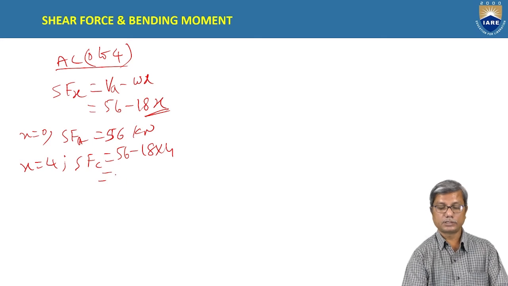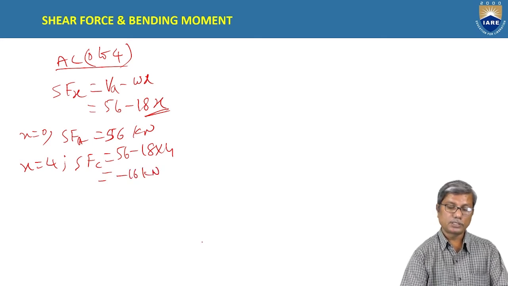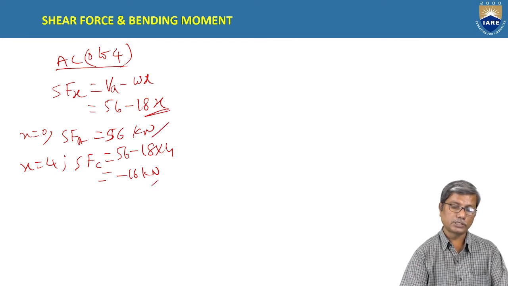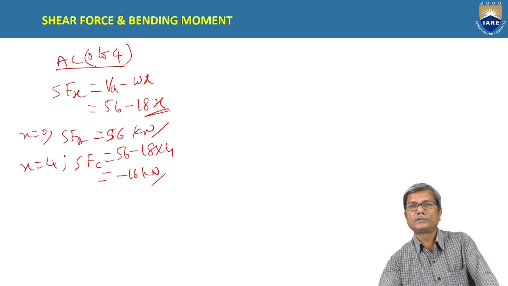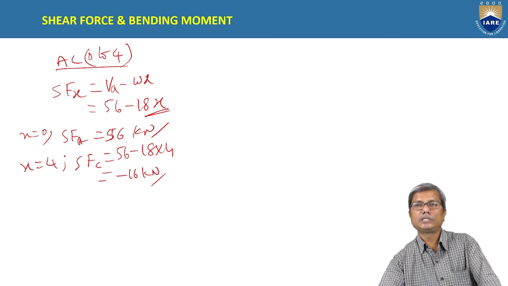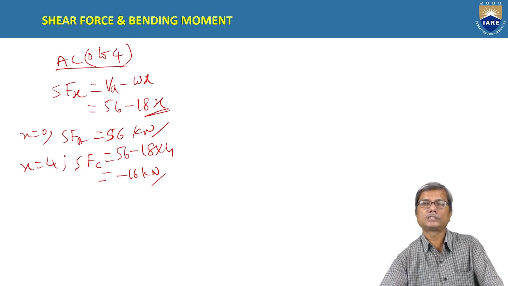How much? Minus 16 kilonewtons. So if you observe here, the shear force is changing sign between A and C. At A it is plus 56, at C it is minus 16. So somewhere in between it is 0.